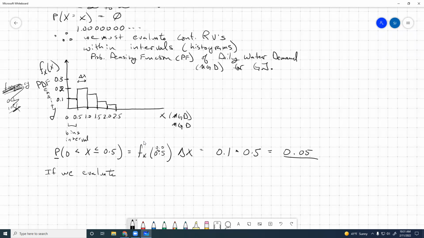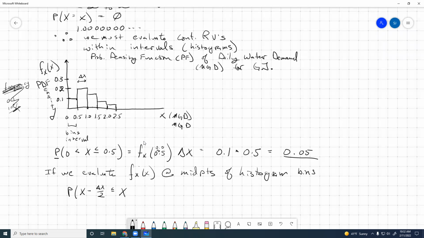If we evaluate f of x at the midpoints, then we can say the probability that x minus delta x over 2 is less than X, less than x plus delta x over 2.